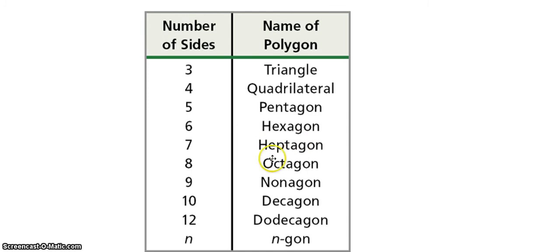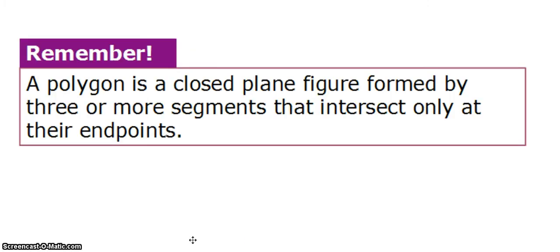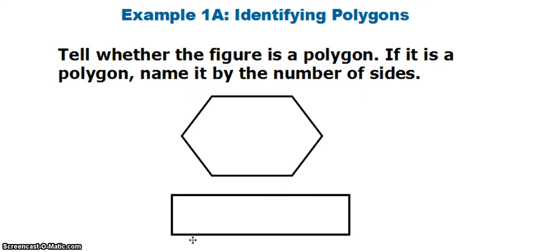Sometimes people will refer to this one as a septagon. 8, octagon. 9, nonagon. 10, decagon. 12, dodecagon. And then if we increase the number of sides above 12, we might just say it's a 20-gon, and so on. So remember, a polygon is a closed plane figure formed by 3 or more segments that intersect only at their endpoints.